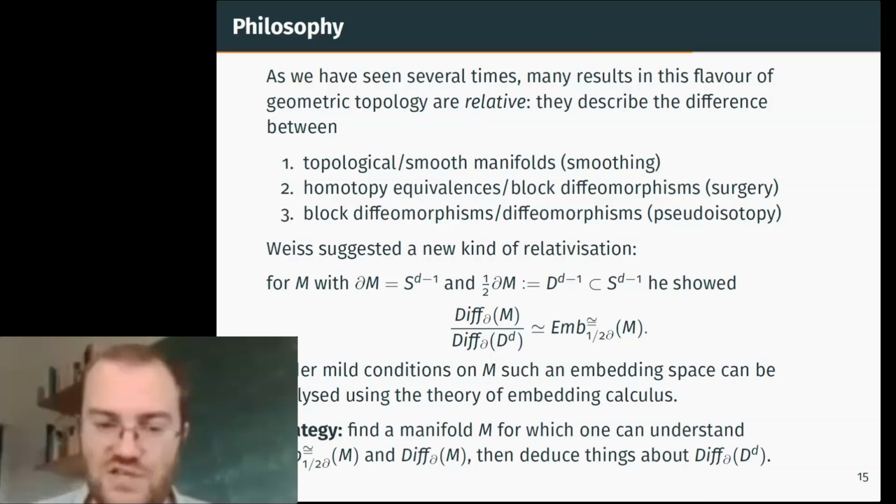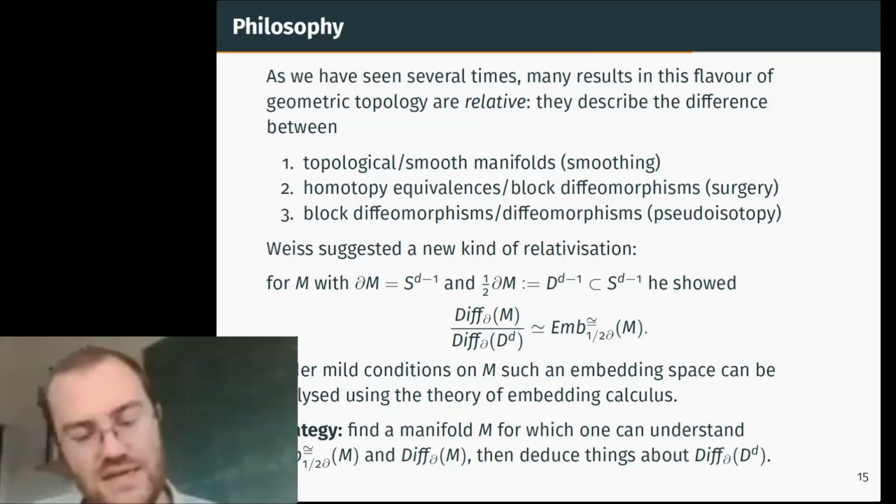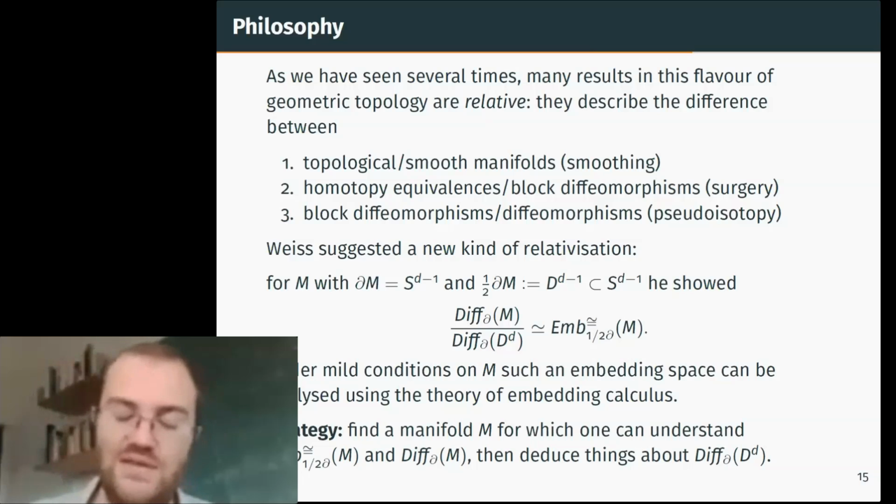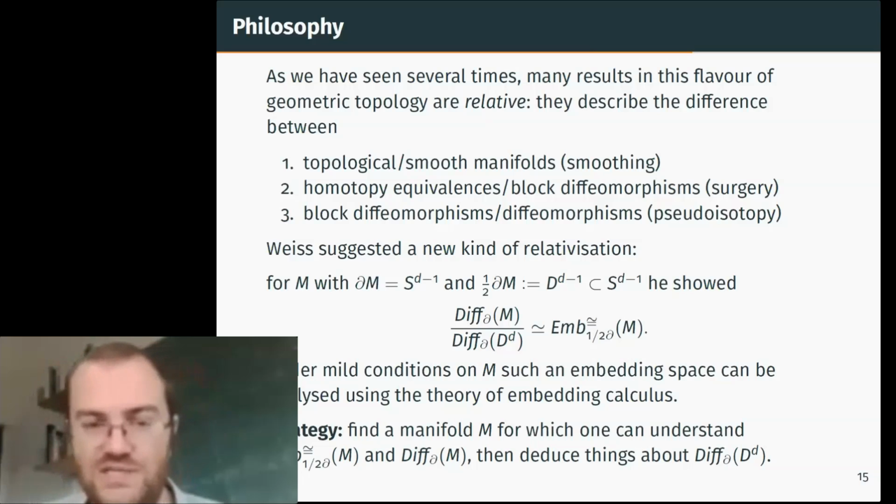So this is the strategy that we pursue, and at this level of detail, it's completely analogous to the strategy that Michael Weiss pursued in his theorem, and indeed our idea comes from his. But the way we go about doing it is somewhat different.